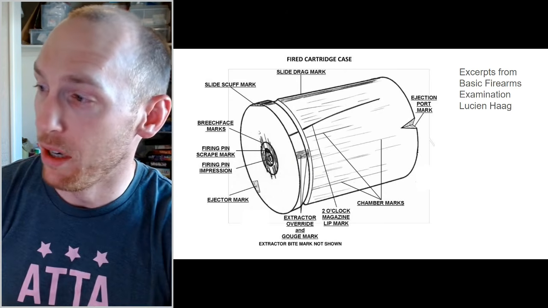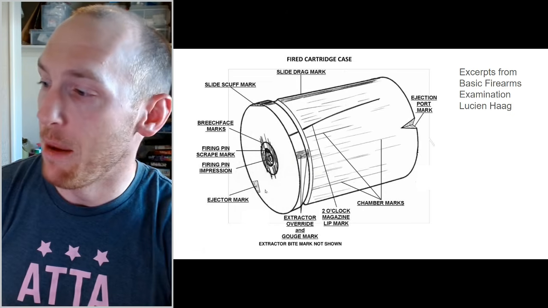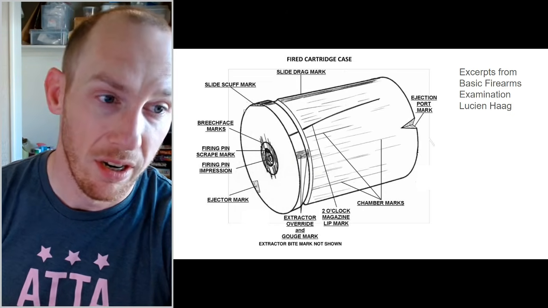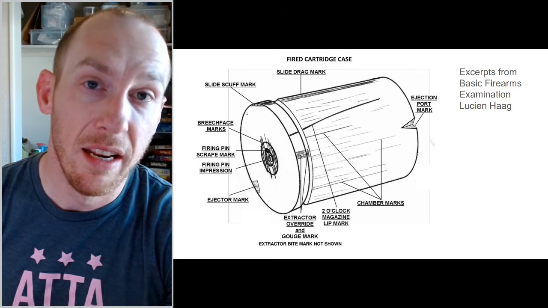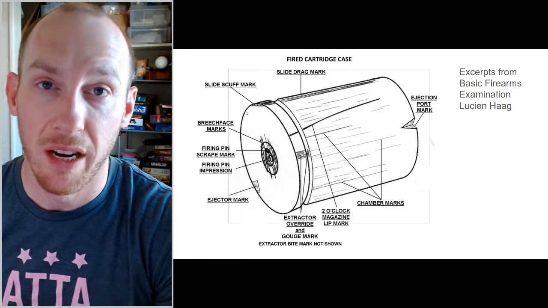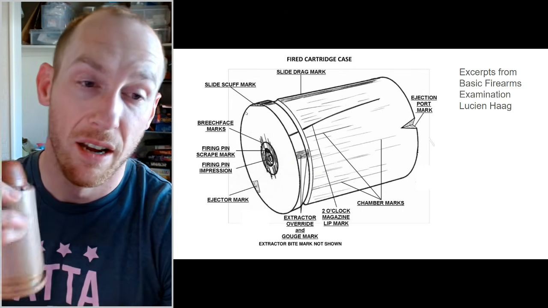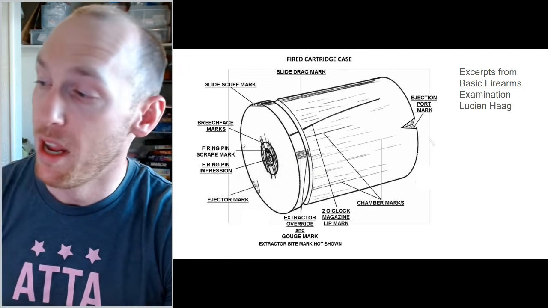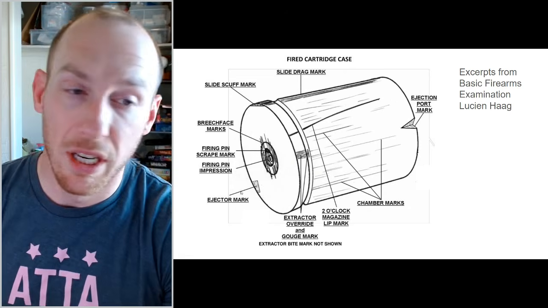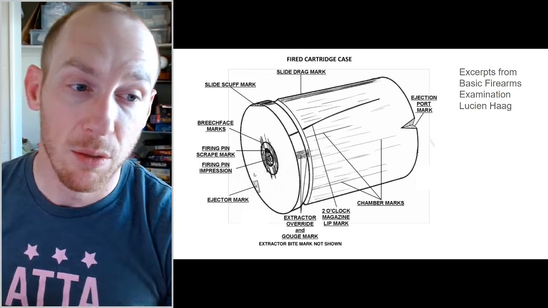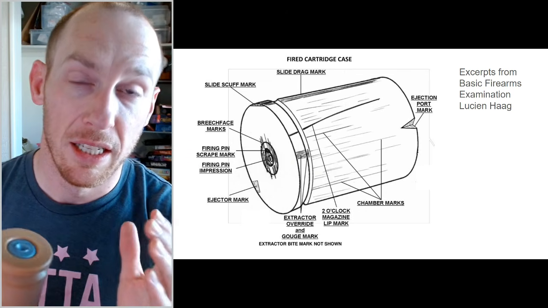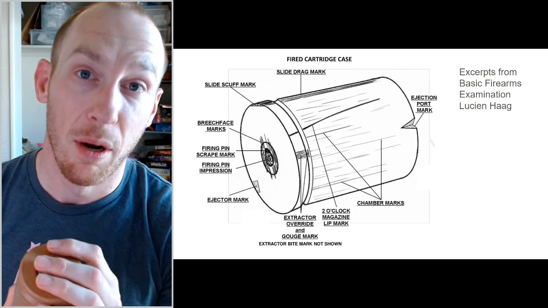So if we go back to our illustration, you can see you can get marks on the case head specifically. So this slide scuff mark is generally found on the case head. And again, that's going to be something from the chambering process, as the cartridge is getting pushed from the ammunition magazine into the chamber. But then we also have another mark. It's called the ejector mark. Now, generally if you have a very substantial ejector mark, it's going to be a firing mark.